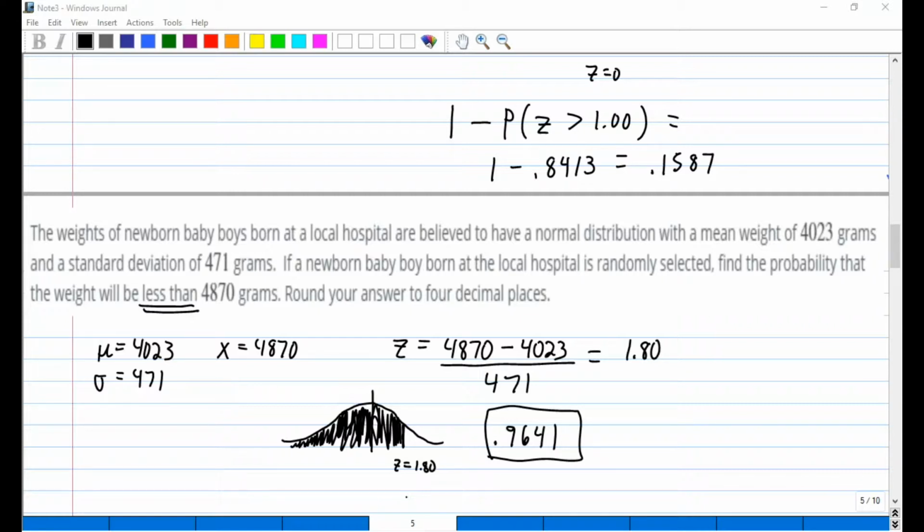Let me pull up a problem from your book. We're not doing the exact same thing here. The formula that we use for Z-scores, if we're looking for probabilities, is x minus mu over sigma.